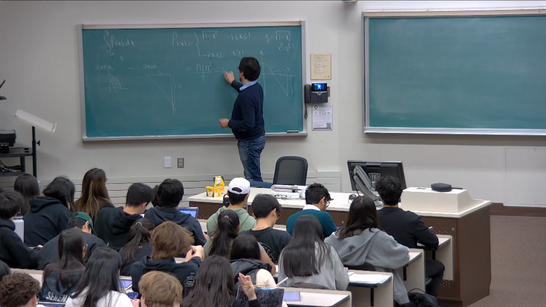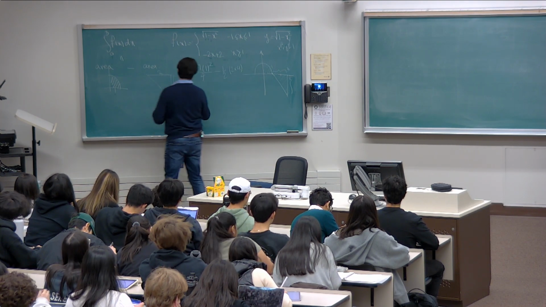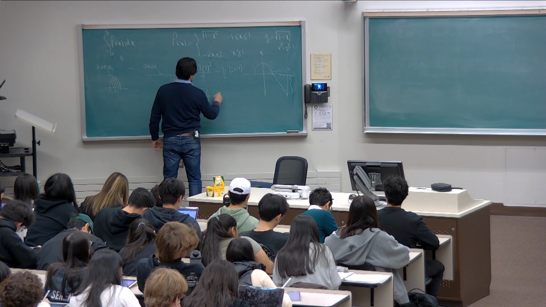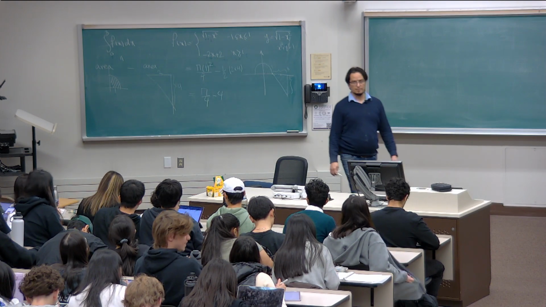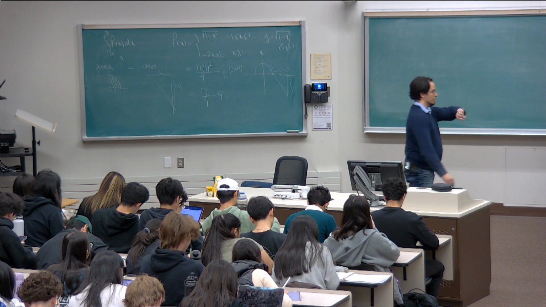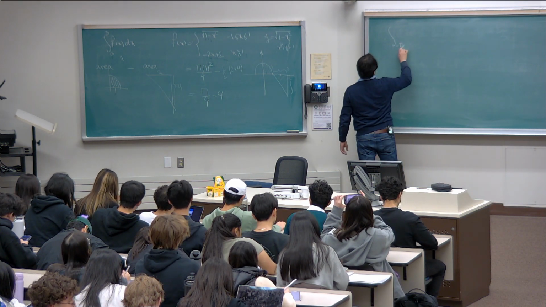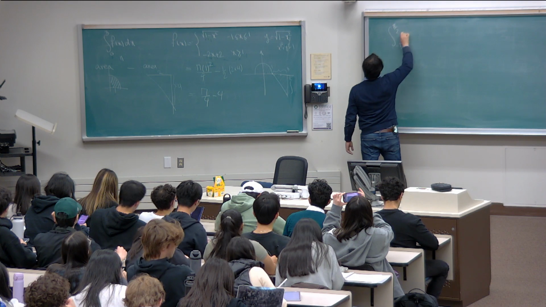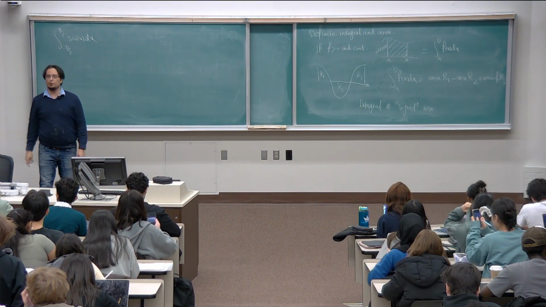This part is half of 2 times 4. So this gives me pi over 4 minus 4. Any questions, any comments? Put your answer in.